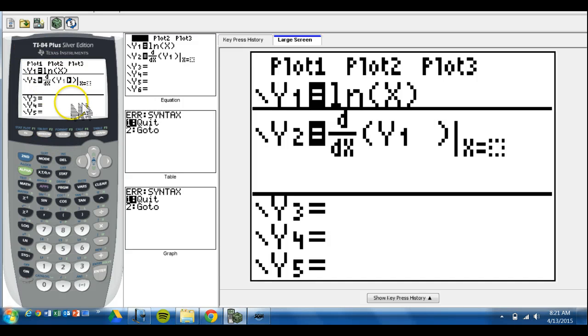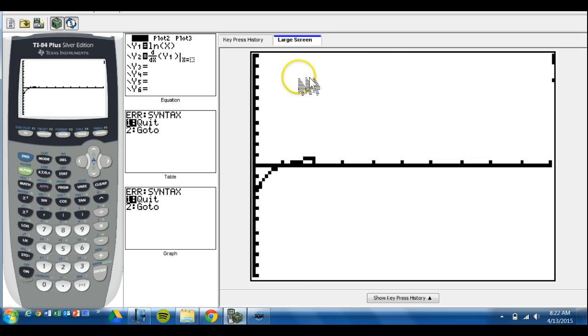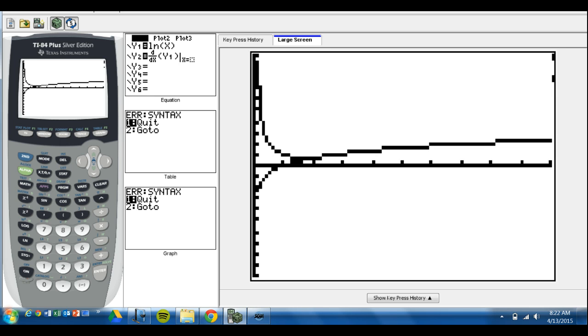I want the derivative of y1. And here's the other change. Instead of at a point, I want it to graph the whole thing. So I want it for all x's. So sure enough, I graph this. There's my natural log of x curve, and now there is my derivative.